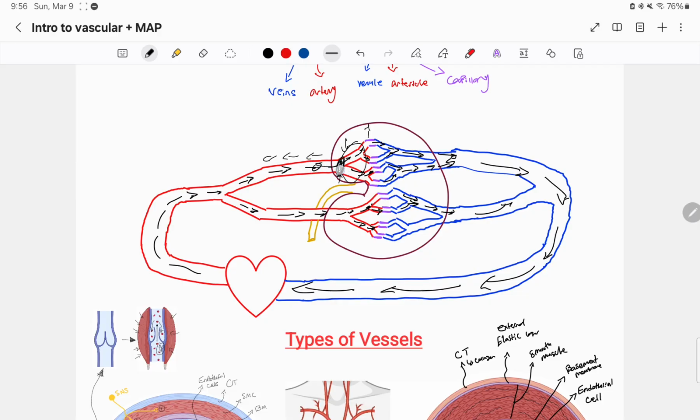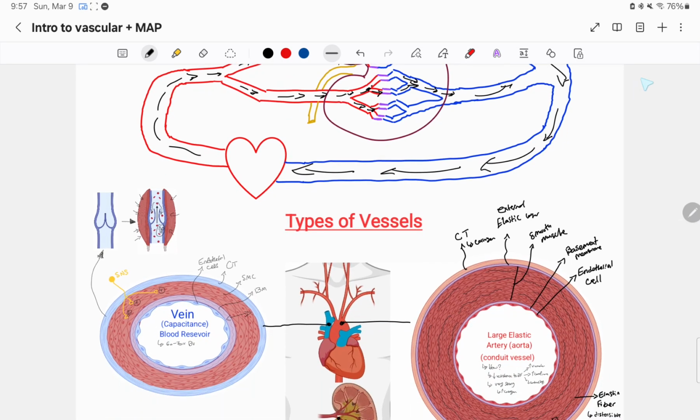Because this area is now constricted. If this area is constricted, this capillary is not going to get blood flow, and the blood that was initially going to go here is going to back up, and it's going to increase the blood pressure upstream of the arterioles, okay? Whereas downstream, the blood pressure is fine, but upstream, it's not, okay? So that's just a concept that I wanted to get across to you.